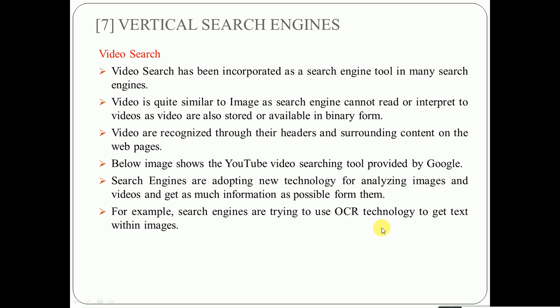For example, search engines are trying to use OCR technology to get the text within an image so that it will be helpful to the users for getting a better result.